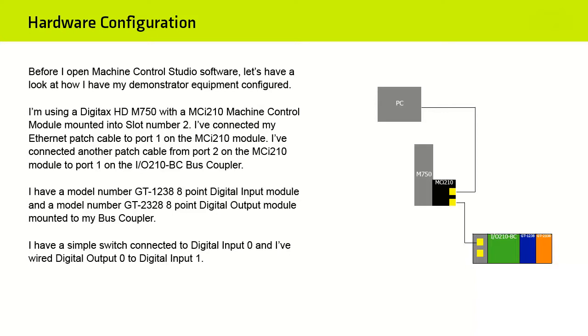I have a model number GT-1238 8-point digital input module and a model number GT-2328 8-point digital output module mounted to my bus coupler. I have a simple switch connected to digital input 0, and I've wired digital output 0 to digital input 1.